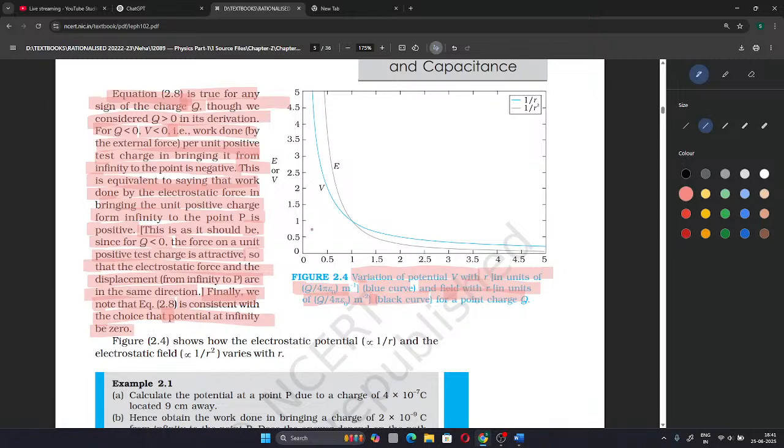In this figure, the blue curve is the potential.